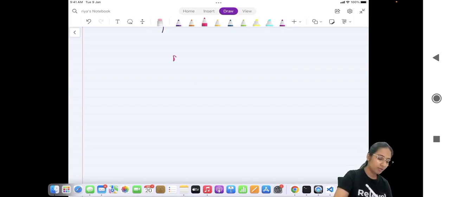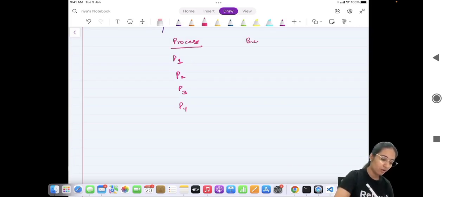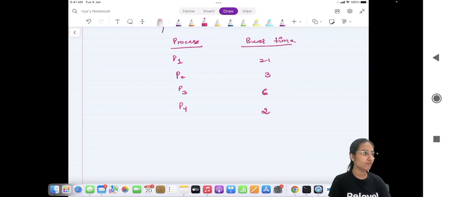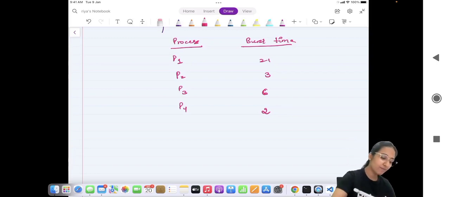Let's say we have the processes P1, P2, P3, P4. Along with that we have the corresponding burst time for every process as well, which is 21, 3, 6 and 2. Here, in this tabular format, you can assume that the arrival time for all of them is 0 only.